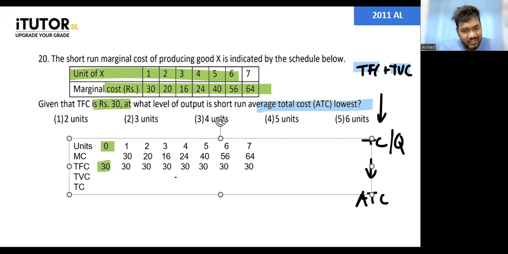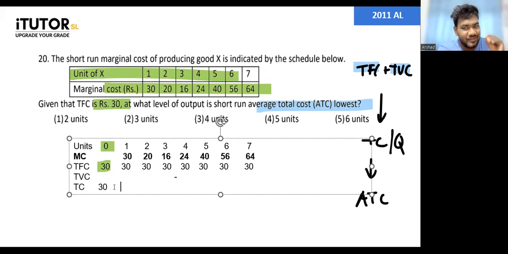Now in the question they are saying, can you see? Now what is marginal cost? The addition to the total cost, right? When you're producing the first unit, follow this column. When you're producing your first unit, your marginal cost is 30. So how much do you think your total cost would be?